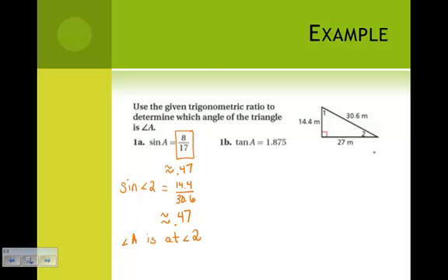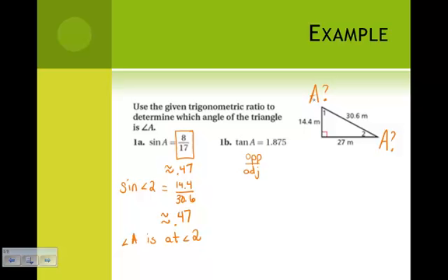Now for the second one, again, we're trying to figure out where angle A is. Do I want to put angle A here or angle A here? Well, I know when I do the tangent, when I do the opposite over adjacent, I need to get 1.875.